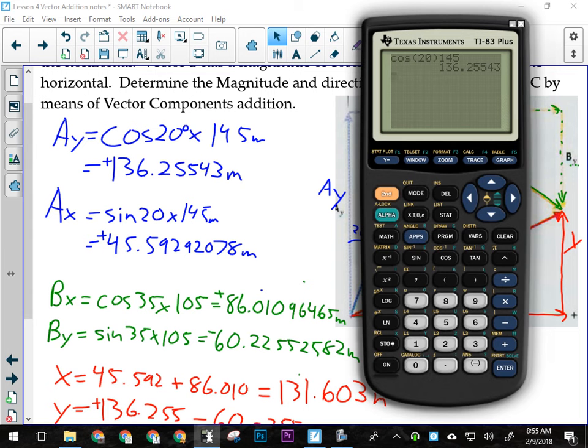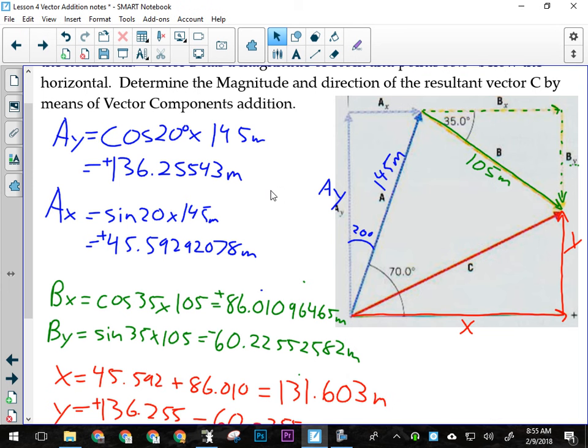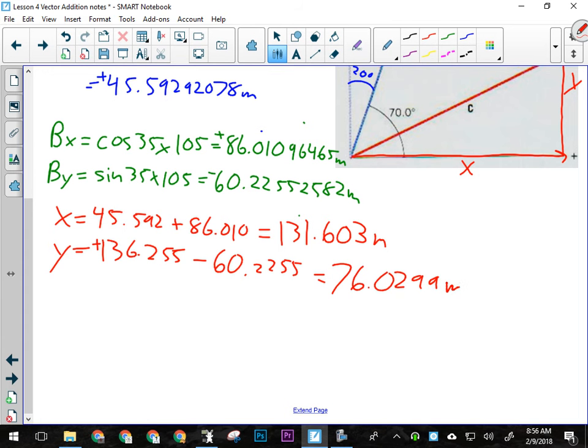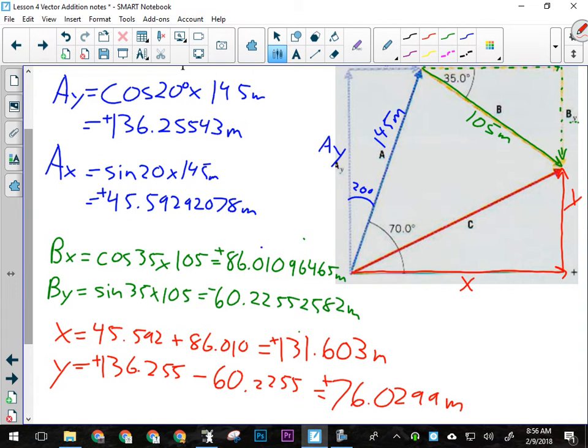Okay. So, and then I'm going to subtract from that the 60.22552582. All right, so I'm getting a y component that's still positive, 76.0299 meters. All right, so these two are positive.